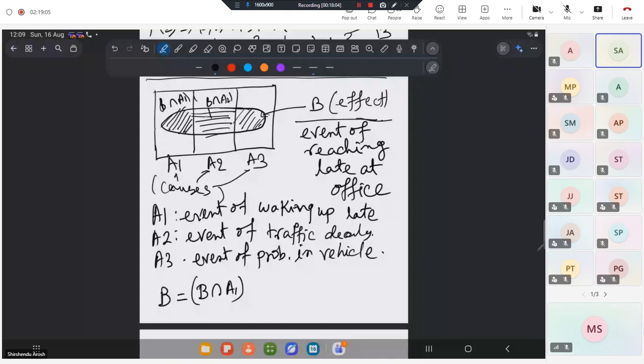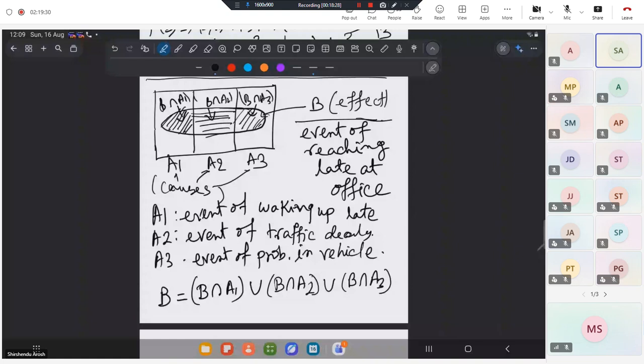And B intersection A3, this is the part. Okay. So if I add these three, I should get the total of the event B: the union of B intersection A1, B intersection A2, and B intersection A3, which gives me the total event B.